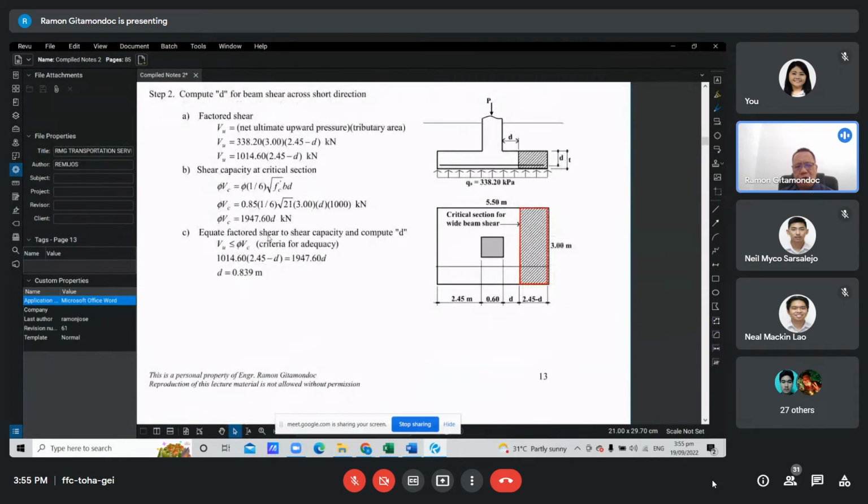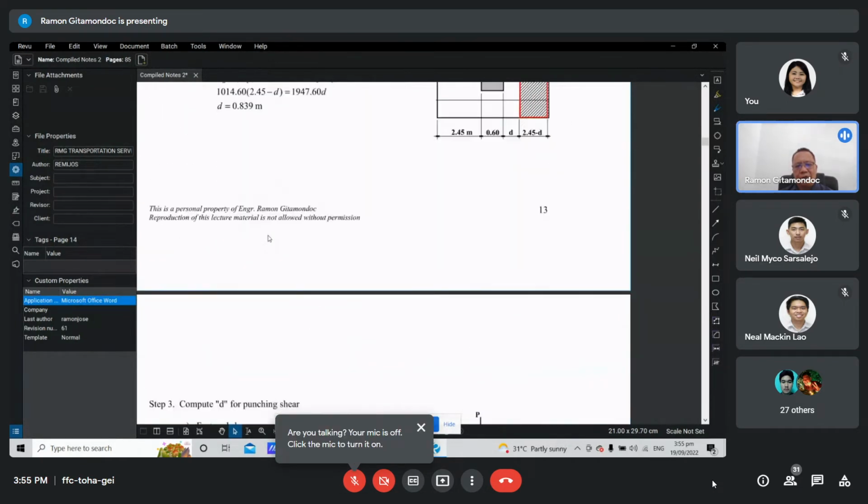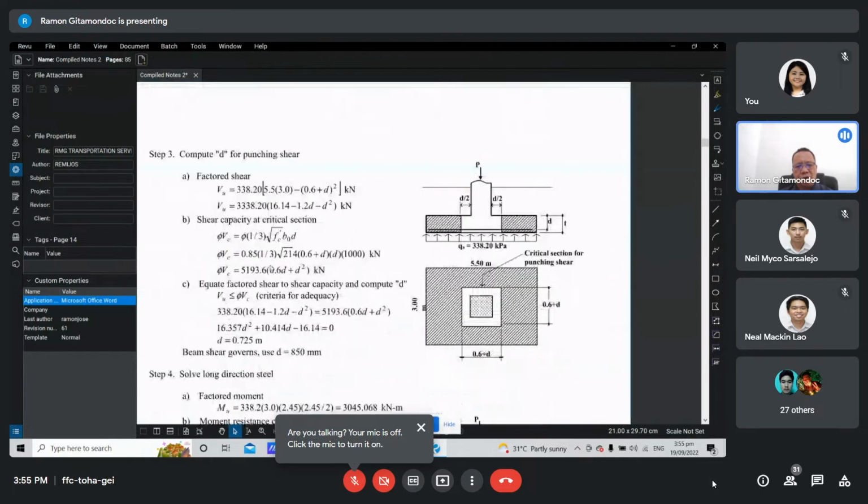But given the footing dimension and the column dimension, I don't think that the other two will govern in this case, but it is good to check. So for shear capacity, we have V = 1/3 square root of f'c b0 d, where b0 is the perimeter of the critical section. This is a square, so the perimeter is 4 times the length of a side. We have it here.